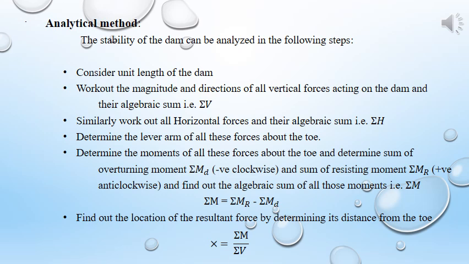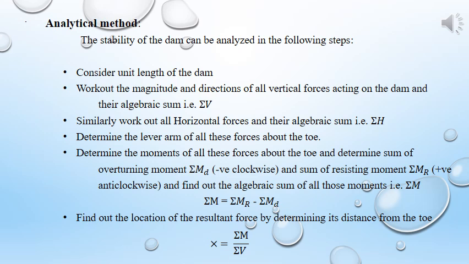Calculate the moment of all the forces acting on the dam about the toe, and determine the sum of the overturning moment, meaning disturbing moment, that is the summation of M d, and also the sum of the righting, restoring or resisting moment, that is anticlockwise, summation of M r.